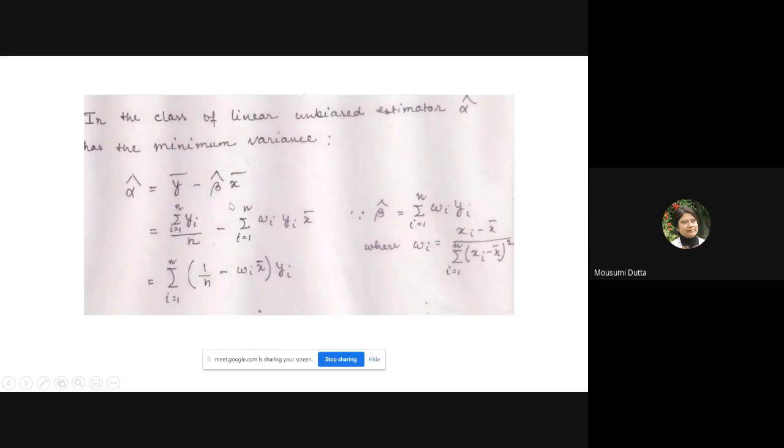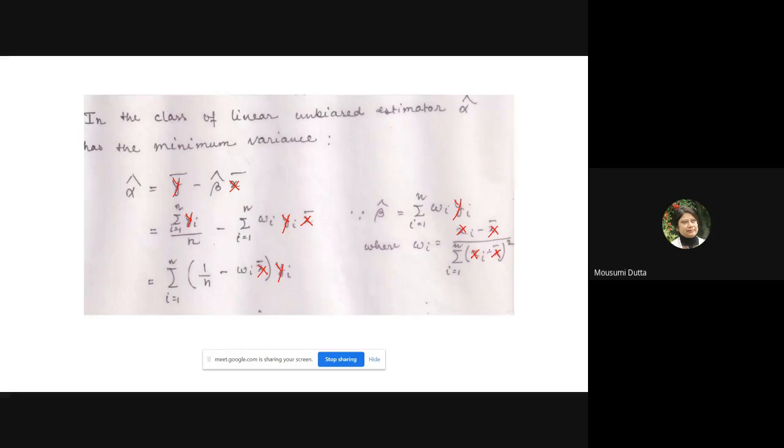So it is summation wi Yi into X bar. Remember, all the notations are capital. I'm changing the notation. For the rest of the steps, please do on your own.